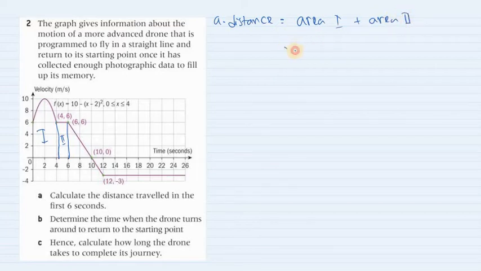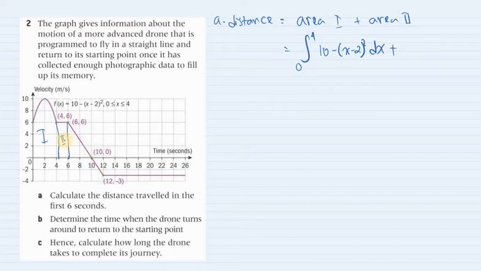and then from that we have area 1 is equals with the integral from 0 until 4 of the function f(x), which is 10 minus (x minus 2) squared dx, plus the area 2.